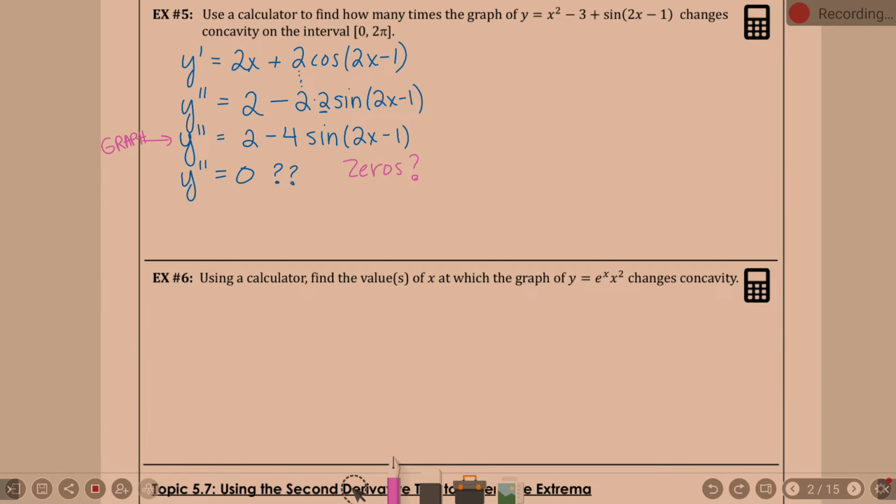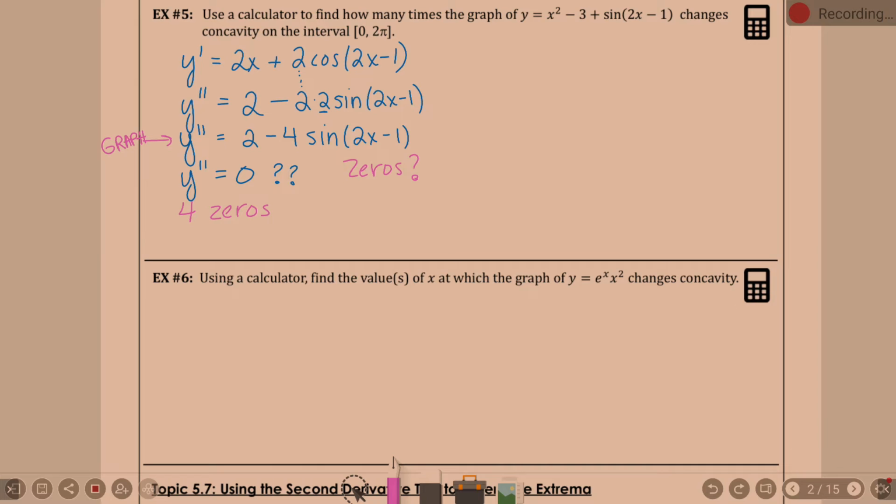So, what do you know? There are 4 zeros. And what was my question? How many times does the graph change concavity? What are we able to hopefully assume here? That there are 4 places. And if you look, at each of those zeros, my graph is changing from negative to positive or positive to negative, isn't it?